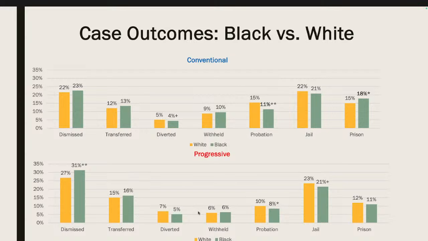Actually, I take that back. There's one statistically significant difference. African Americans were less likely to receive probation than whites, but that disparity is much smaller than the disparity evident in conventional jurisdictions. So that's the one statistically significant difference, and it's barely statistically significant.